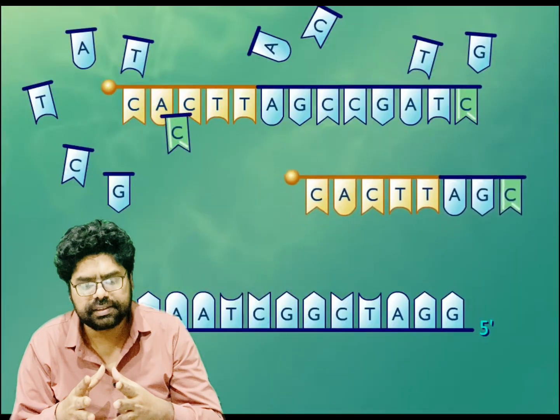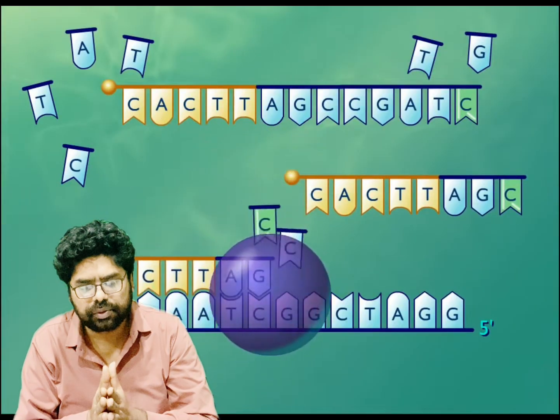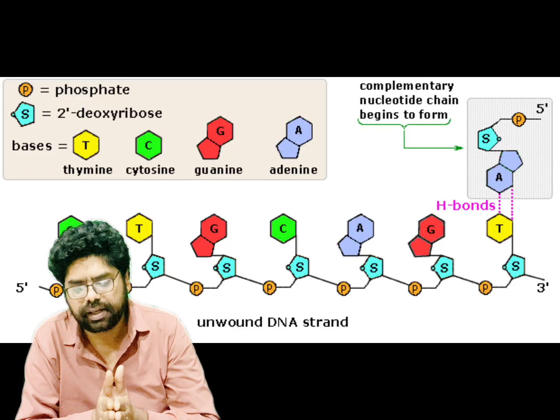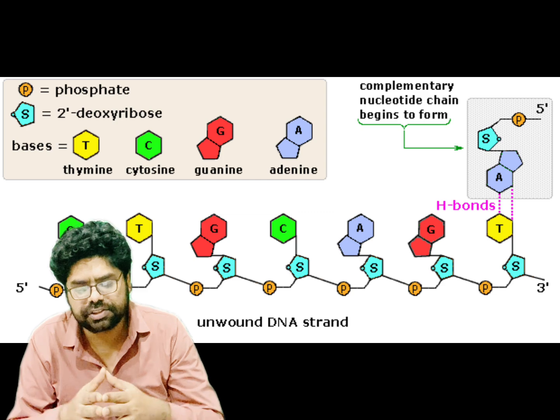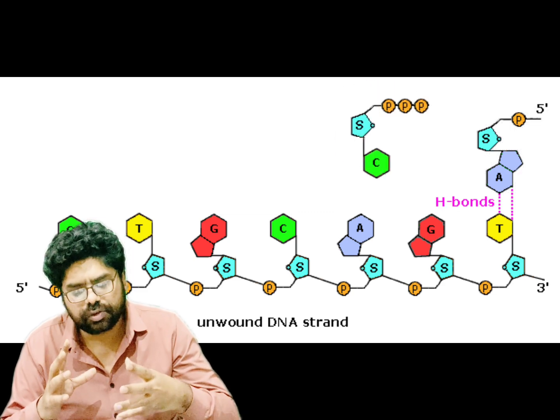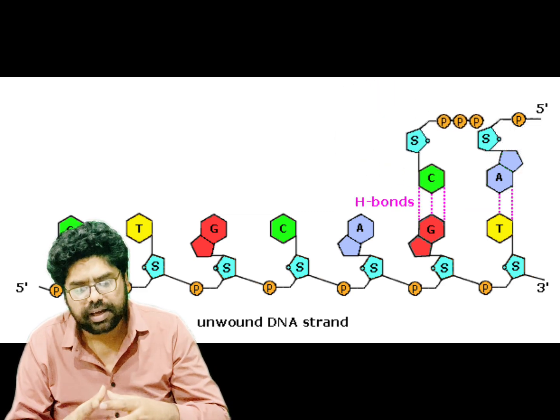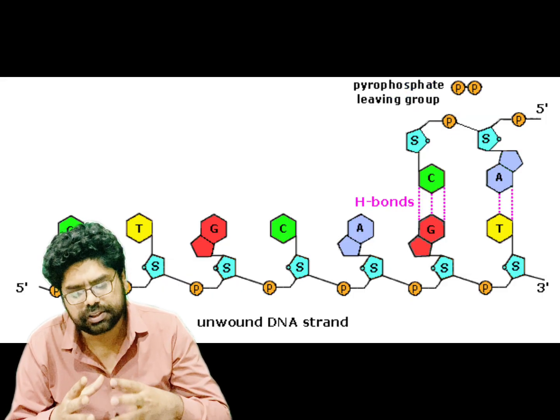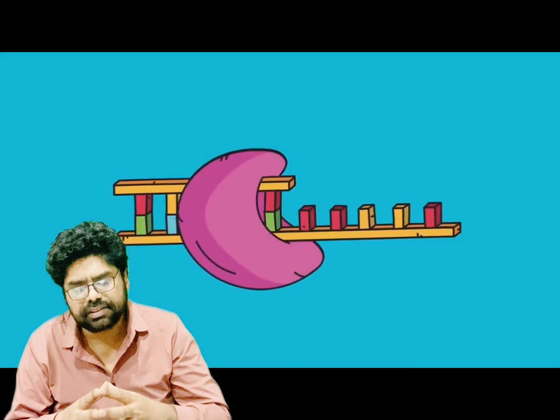The OH group attacks the phosphate, a condensation reaction takes place, and there is phosphodiester linkage formation, which helps in the synthesis of DNA. So the 3' OH group is pretty much required during DNA synthesis.